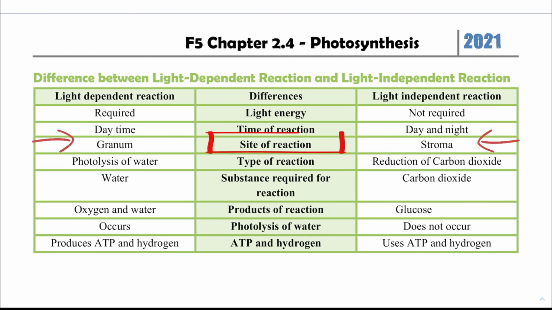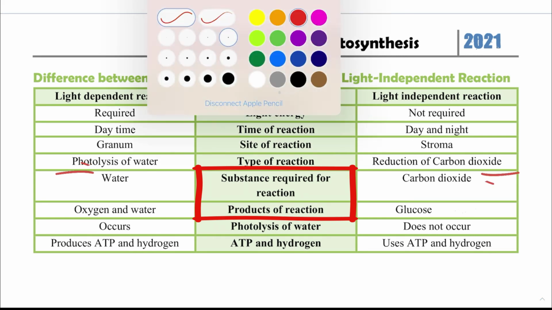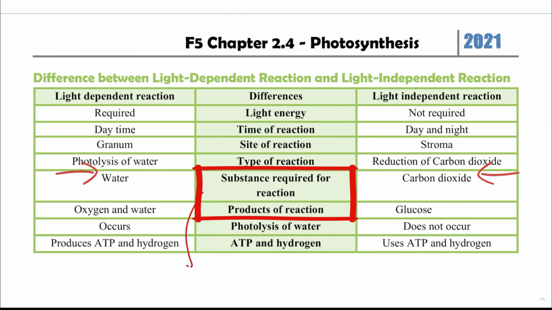Site of reaction, granum and stroma, easy. Type of reaction also you can compare. One is photolysis of water, one is reduction of carbon dioxide. And these two basically come from the equation, the substance required and the products being produced. So the substance required is water and carbon dioxide. If I combine these two, you can see I also get the equation.